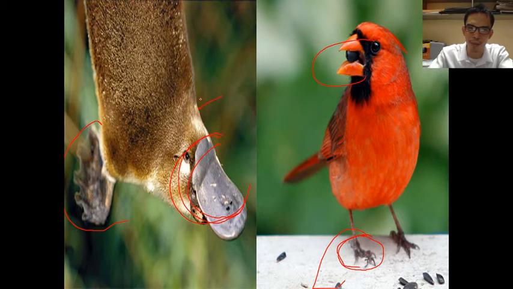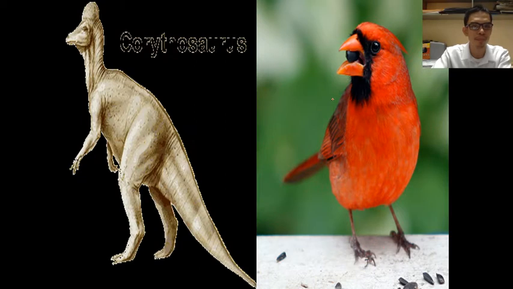But this is a mammal, and this is a bird. They have similar features, but their origins, or the group to which they belong, is completely different. Next one.